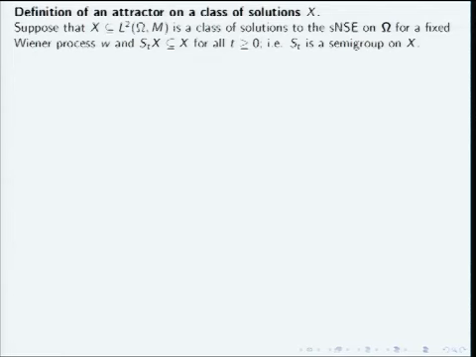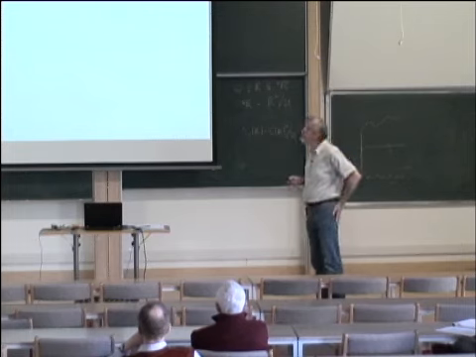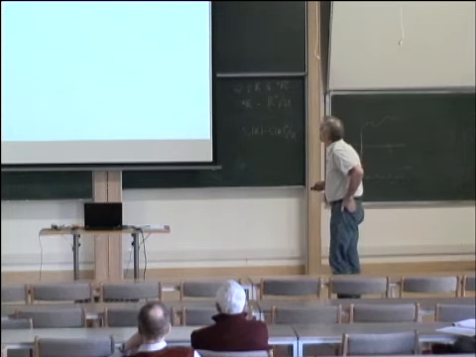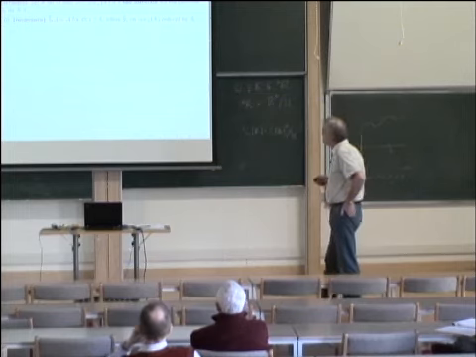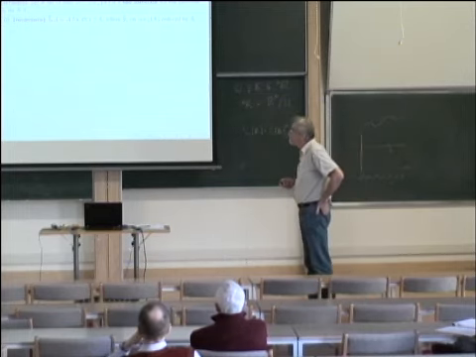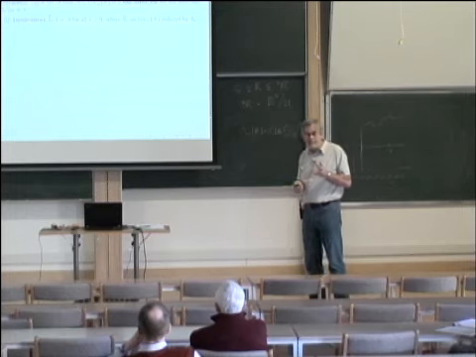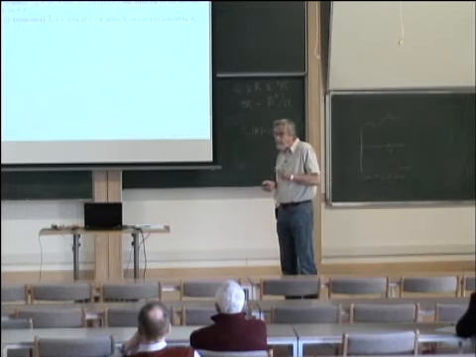But let's suppose we've got a class defined, and it's a class of solutions big enough so that whenever you shift a solution in that class, then it's also in that class.